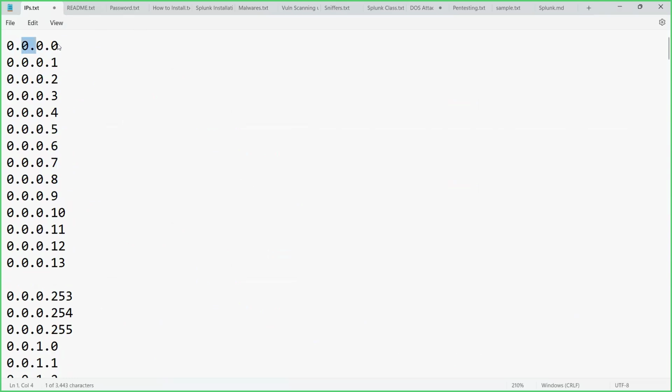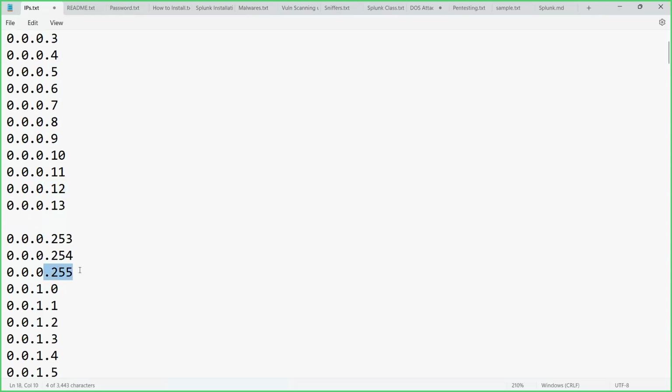Okay, so after 0.0.0.0, you would have 0.0.0.1, then 0.0.0.2, then 0.0.0.3, then 0.0.0.4. So all you're doing is incrementing or increasing the rightmost octet by a value of 1. Okay, then you have 0.0.0.6, 0.0.0.7, 0.0.0.8, 0.0.0.9, 0.0.0.10, 0.0.0.11, and it goes on all the way up to 0.0.0.255.